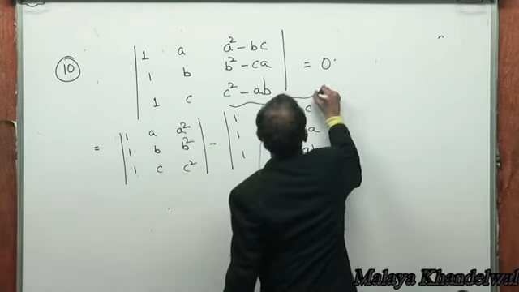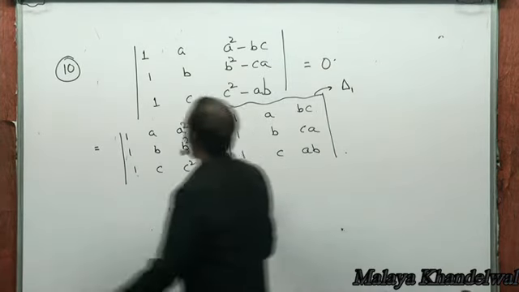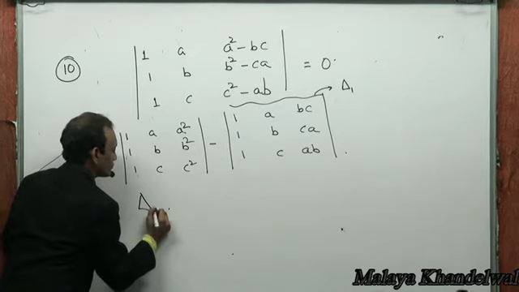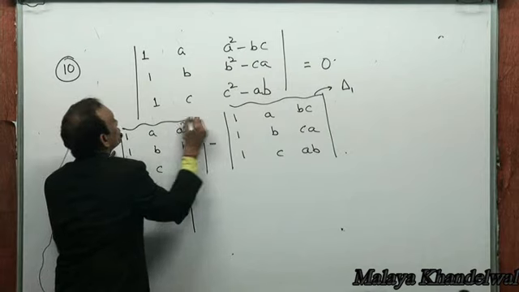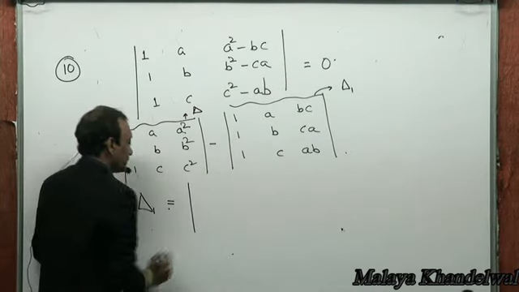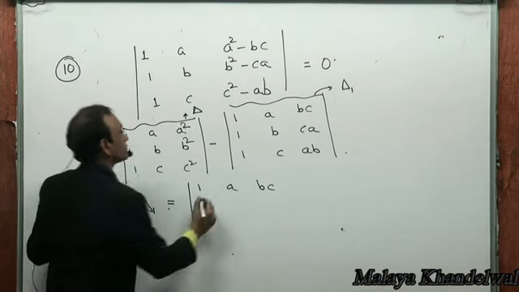Suppose this determinant I call delta 1. Then what is my delta 1 equal to? I want to show that delta 1 is equal to this delta. So delta 1 is 1 a bc.